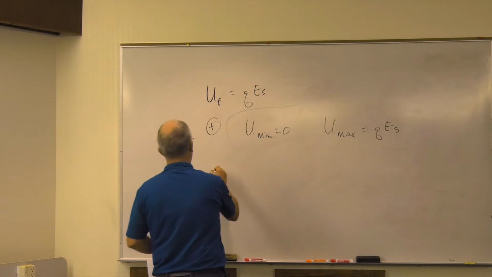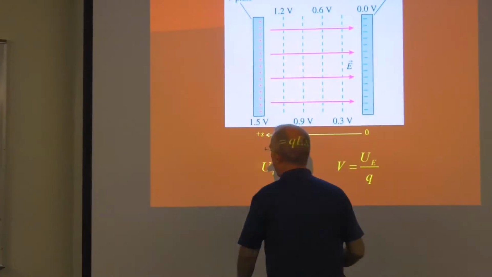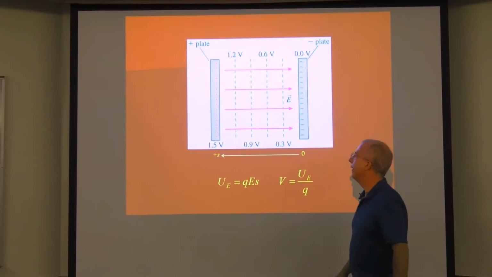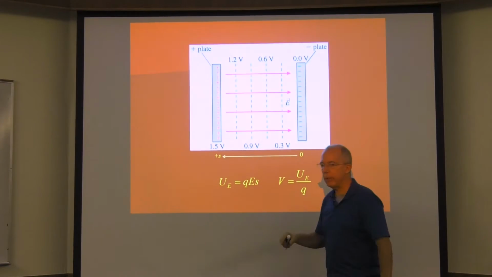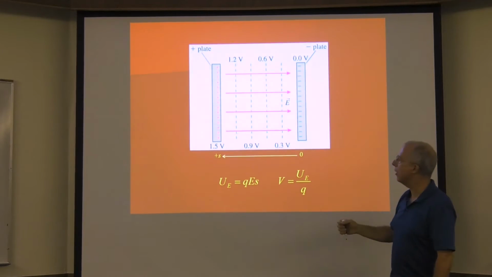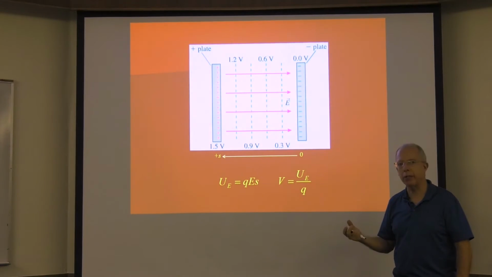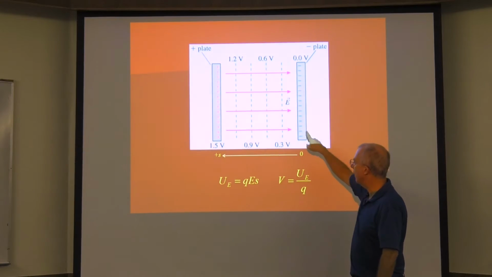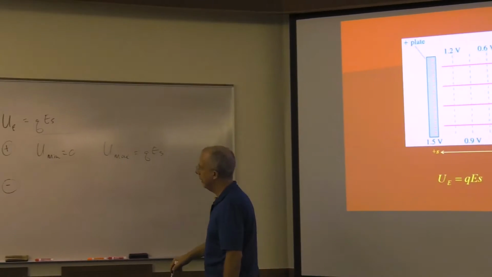Let's do a negative charge. It's a little different. Where does a negative charge want to be? A negative charge wants to be here. So that would be the minimum. Well, let's do it differently. Where does a negative charge not want to be? Where does it have the most potential energy? Well, next to the negative plate. According to the formula, what's the potential energy here? 0. Wow, that's weird.